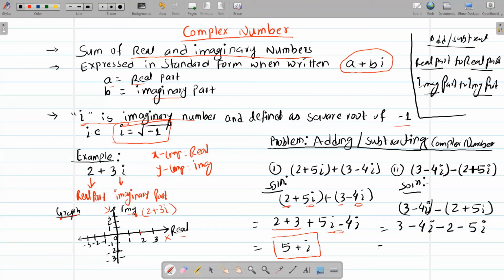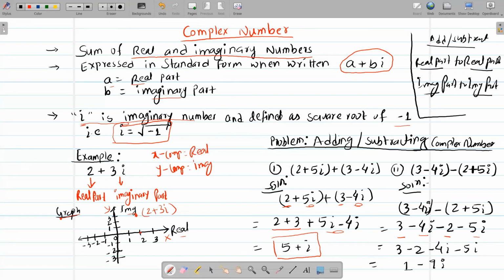Now we bring all the real parts together and the imaginary parts together. Our real parts are 3 and negative 2, and our imaginary parts are negative 4i and negative 5i. So 3 minus 2 is 1, and negative 4i minus 5i is negative 9i, right?